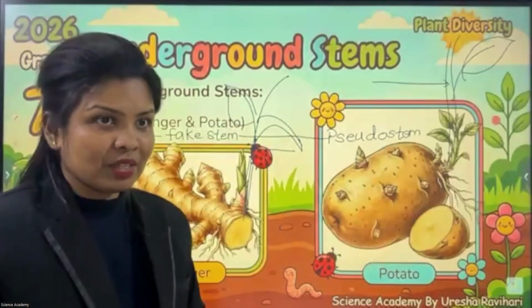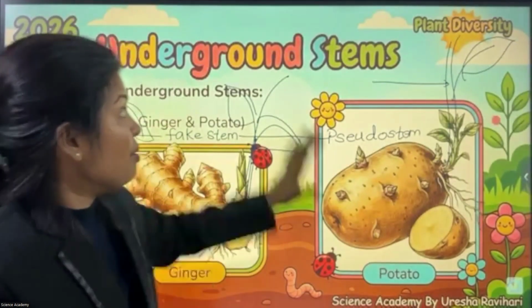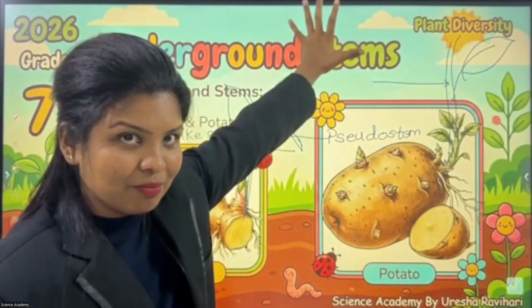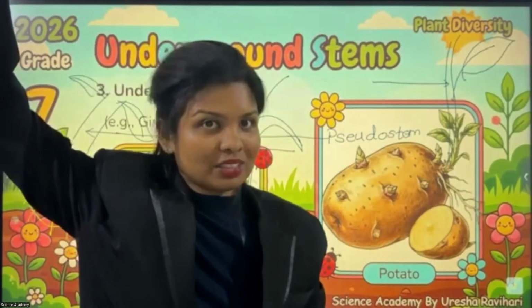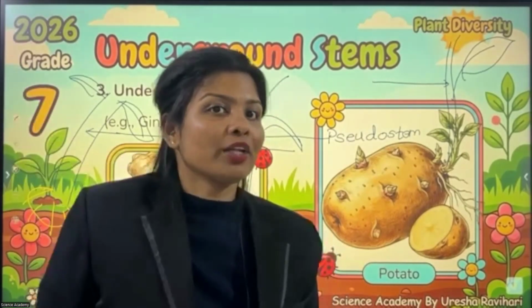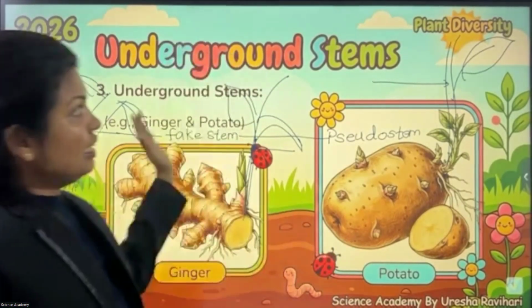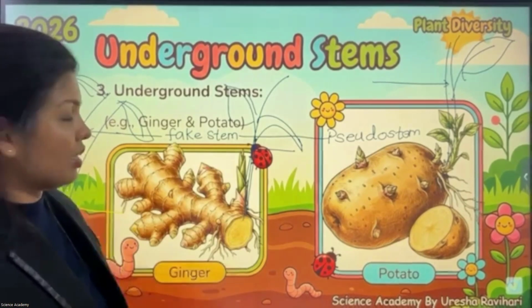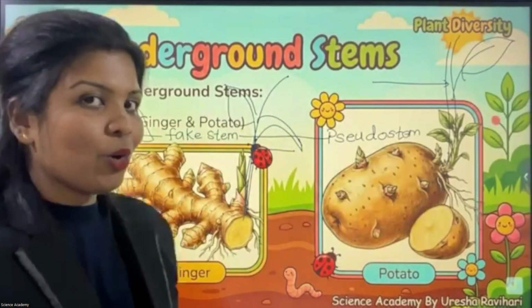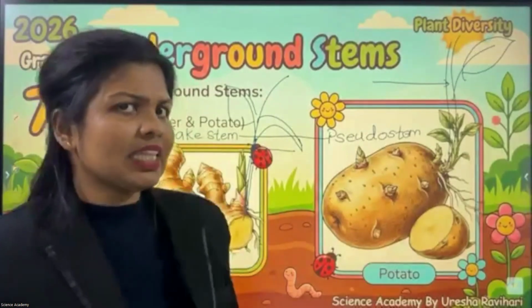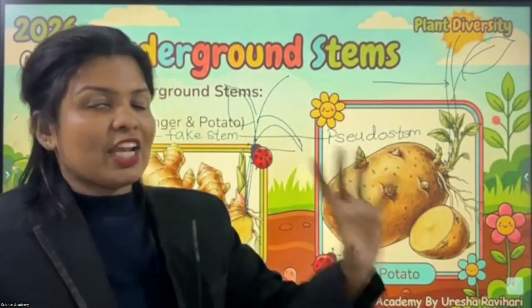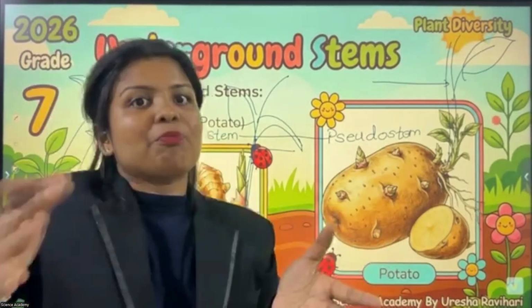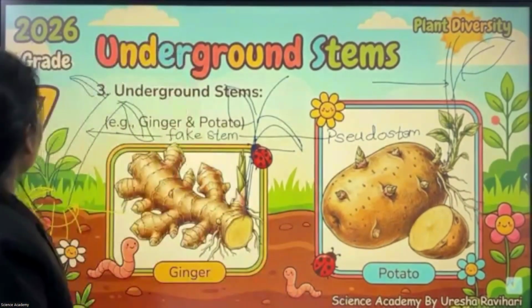That is a stem. Carrot, beetroot, manioc are the examples for food storing roots. These are stems. I hope that you got it. When you are studying, keep them separately. Thank you, teacher.